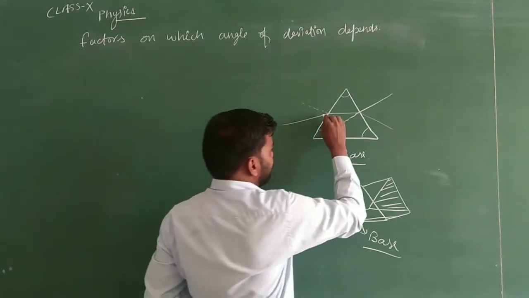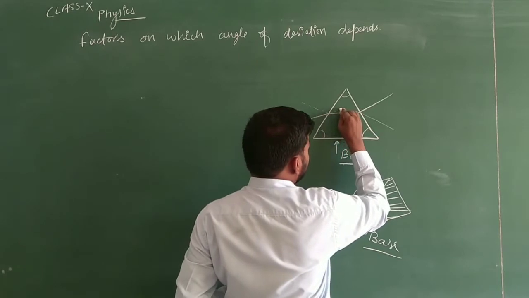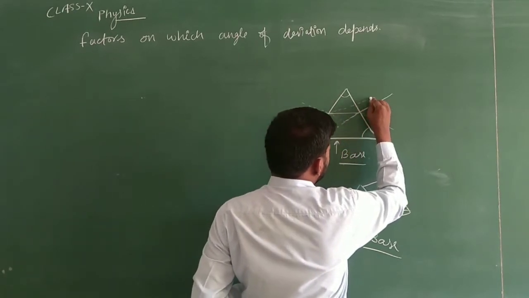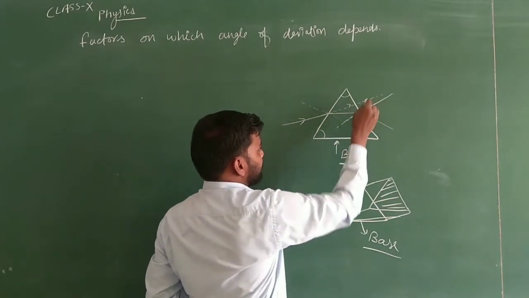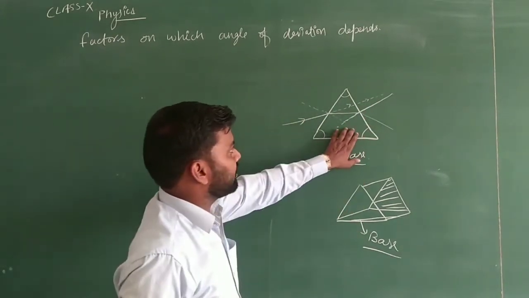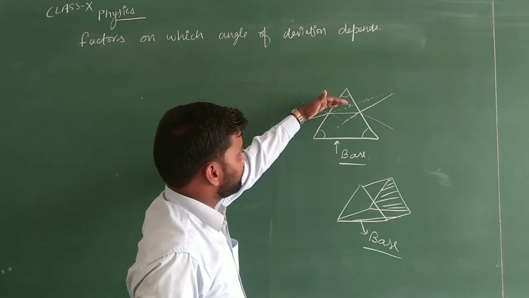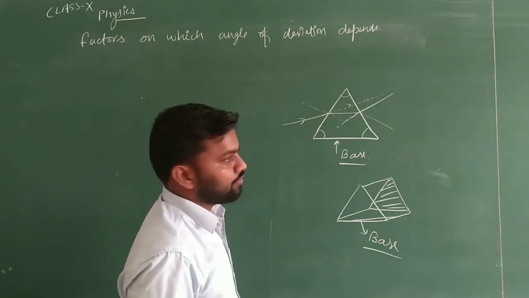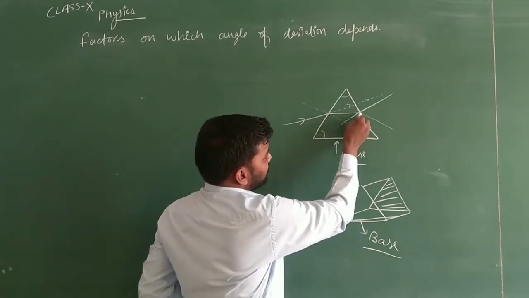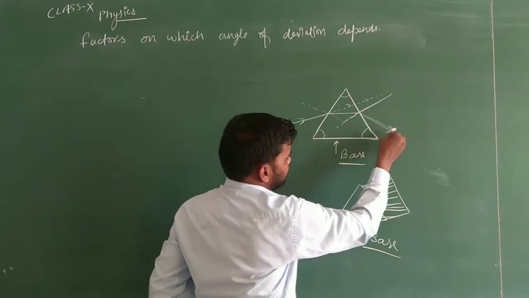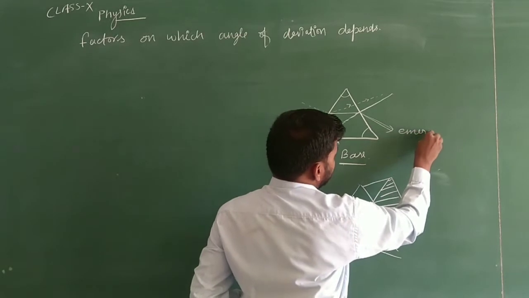If we move this light ray in this direction, because it wants to go in this direction, it is the path of this light, but due to the refractive index of the prism, it will bend towards the normal. Now here we can see that the light ray is coming in this direction. It is the emergent ray.